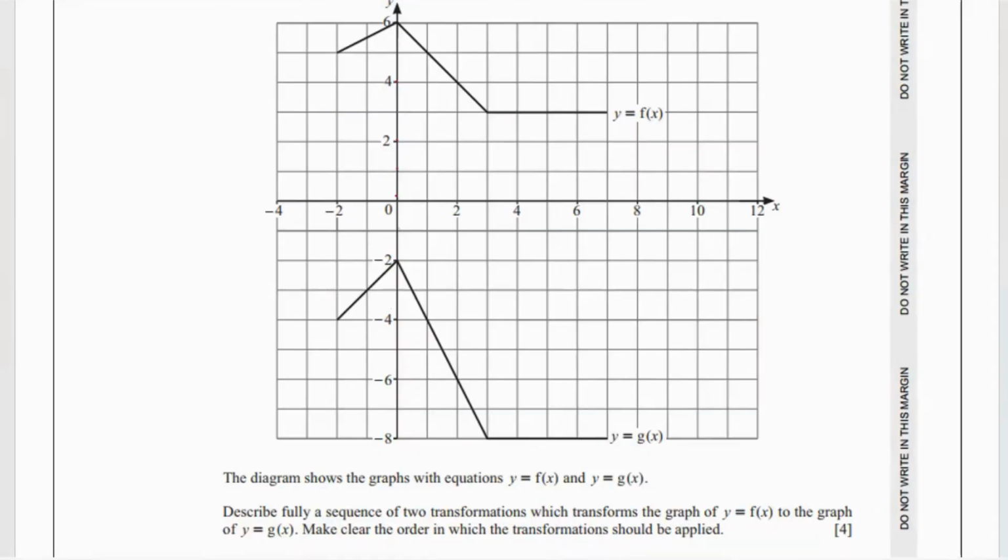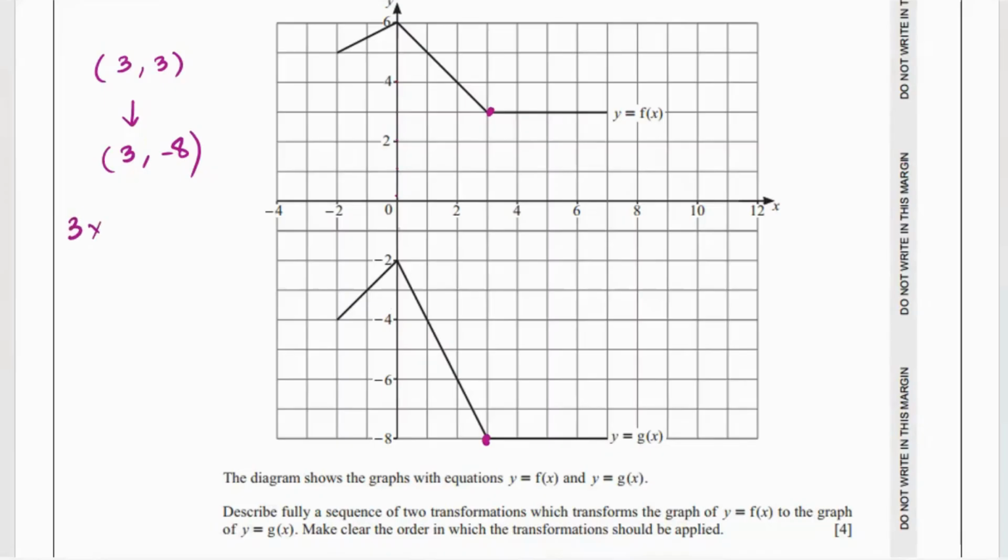So if we pick 2 points on the graph, this one and this one. So it's (3, 3), and this has been transformed to (3, -8). So if we compare the y values, we know that the scale factor is 2. We need to figure out the vertical translation.